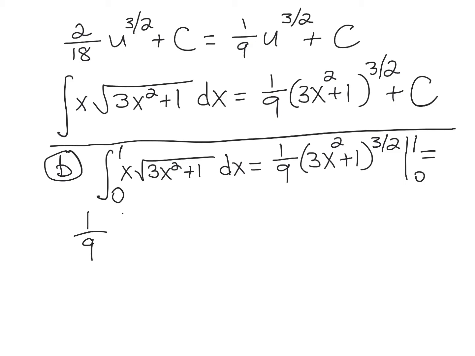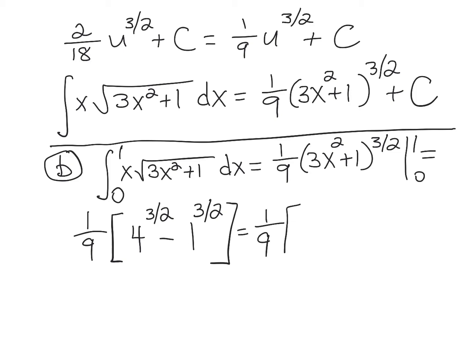Now let's plug in 1 for x, so that's 3 plus 1, which is 4 to the 3/2 power. And when we plug in 0 for x, we have 1 to the 3/2 power. And so this is equal to 1/9 times, 4 to the 3/2 is 8, so 8 minus 1, and the answer is 7/9.